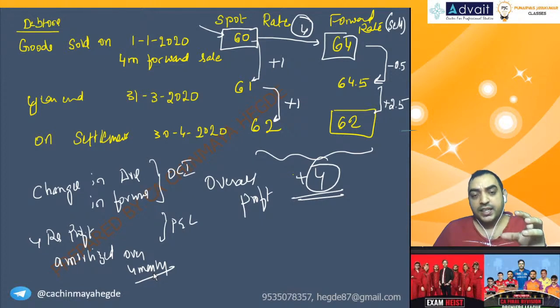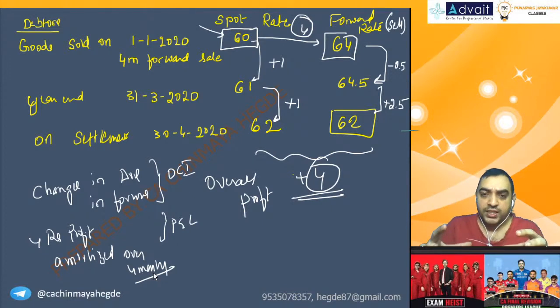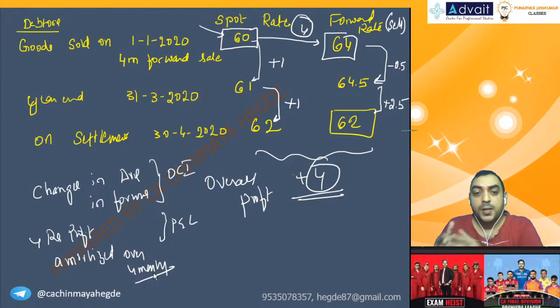The changes in hedging instrument and the changes in hedged item ideally should be transferred to P&L account as per other standards' requirements. But that is not right, because there is a connection between these two, and we know this profit is going to be 4 rupees. So the changes in the fair value of the hedging instrument and hedged item should not go to P&L, should go to OCI.